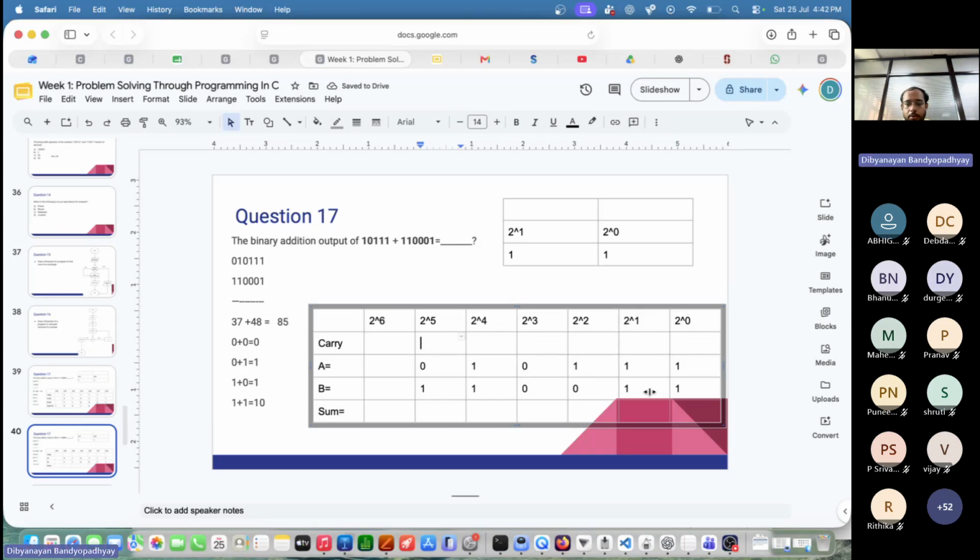So this is the number A. What is this number? 2 to the power 0 is 1, this is 1 plus 2 plus 4, so 7, plus 16, so it is 23. And this is 1 plus 2, which is 3, plus 16 is 19, plus 32, so 51.